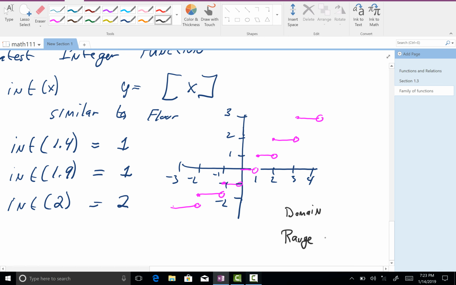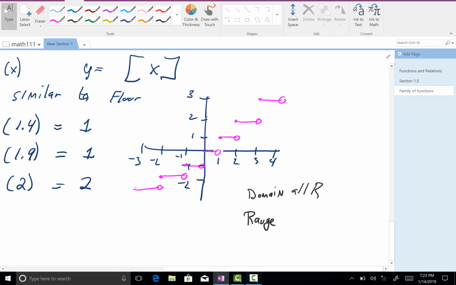What's the domain? All real numbers. What's the range? Close? What kind of numbers are in the range? 1, 2, 3.